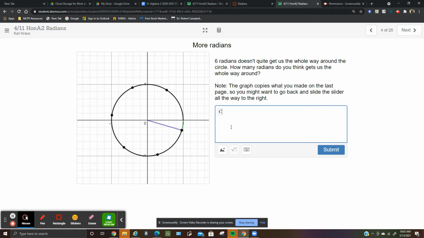Circumference is 2 pi r, or 2 pi radians. A radian is the same length as a radius. So there are 2 pi radians in a circle.